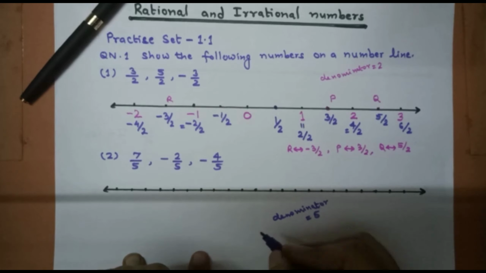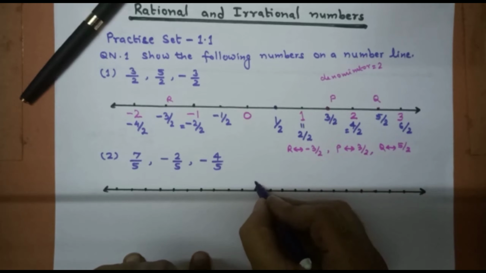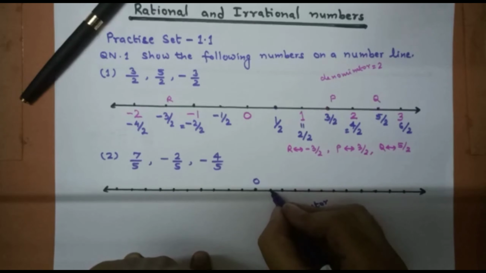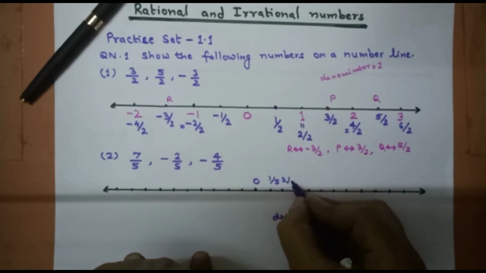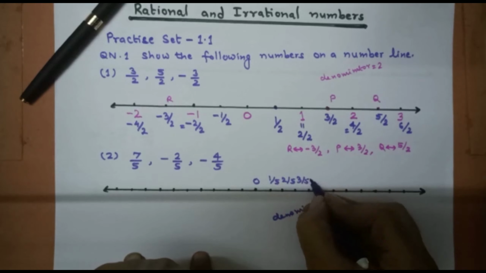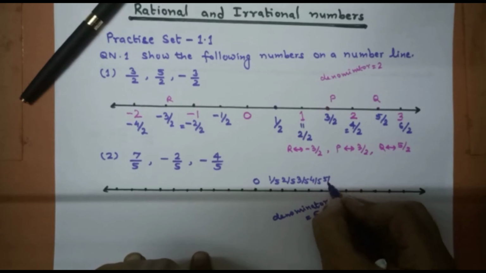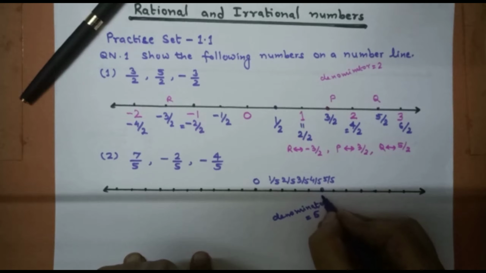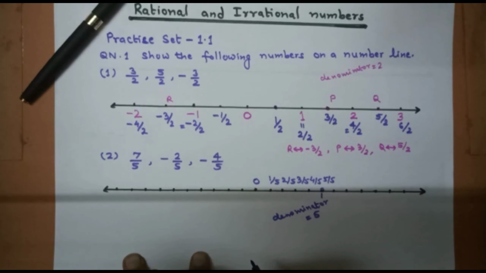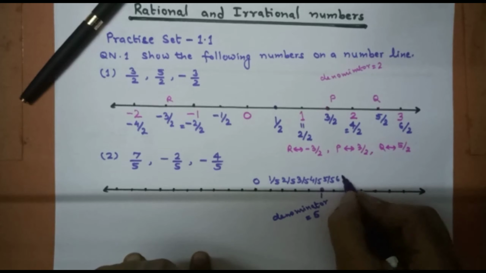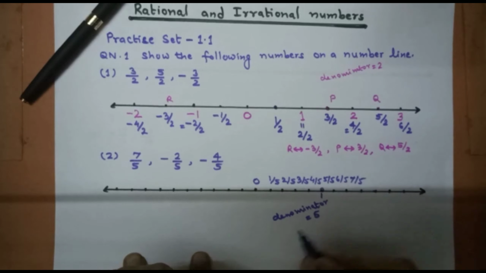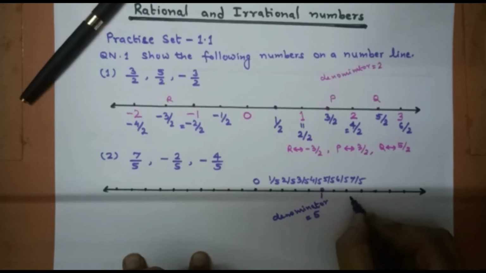It's very simple. As before, I put a 0 here, then this point is 1 upon 5, the first division, 2 upon 5, second division, 3 upon 5, third division, 4 upon 5, fourth division, and 5 upon 5, which is the fifth division, which is 1. Then 6 upon 5, 7 upon 5, likewise. This 7 upon 5 is your required point, which you can call P.